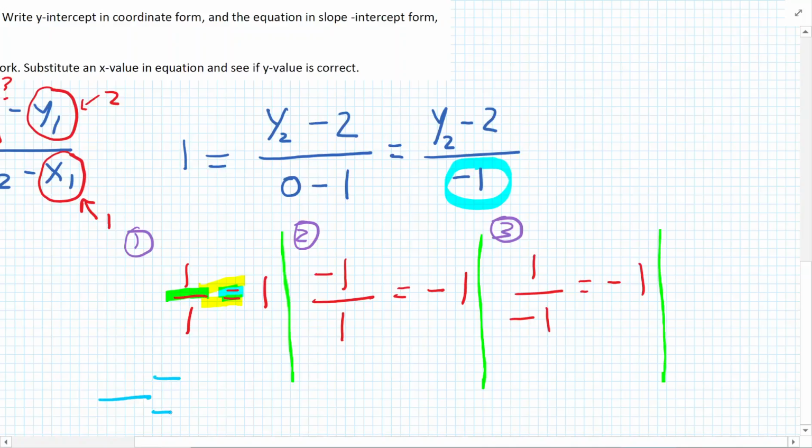It's kind of looking like that, right? But they're farther apart. So we have the divide symbol here and the equal sign here. They're on the same line. Okay? That's what I wanted to point out.